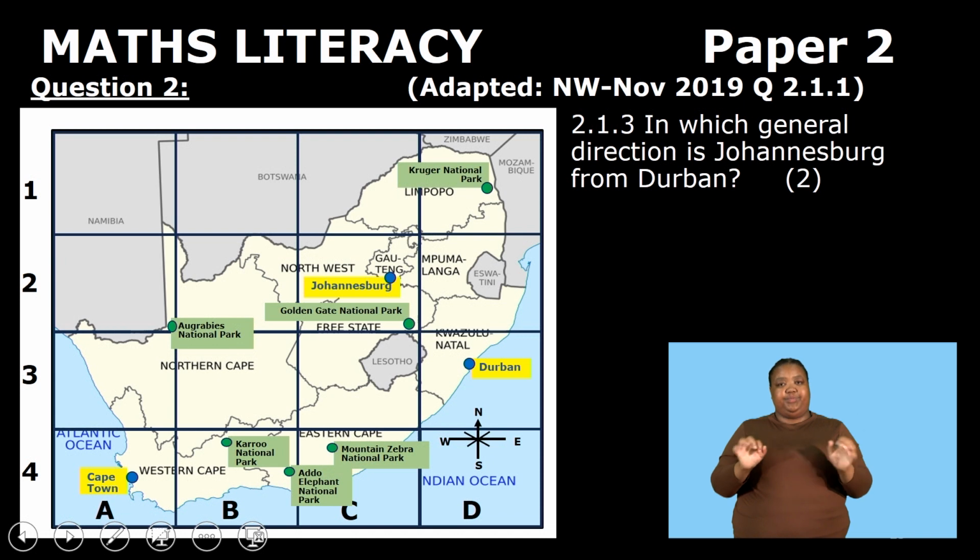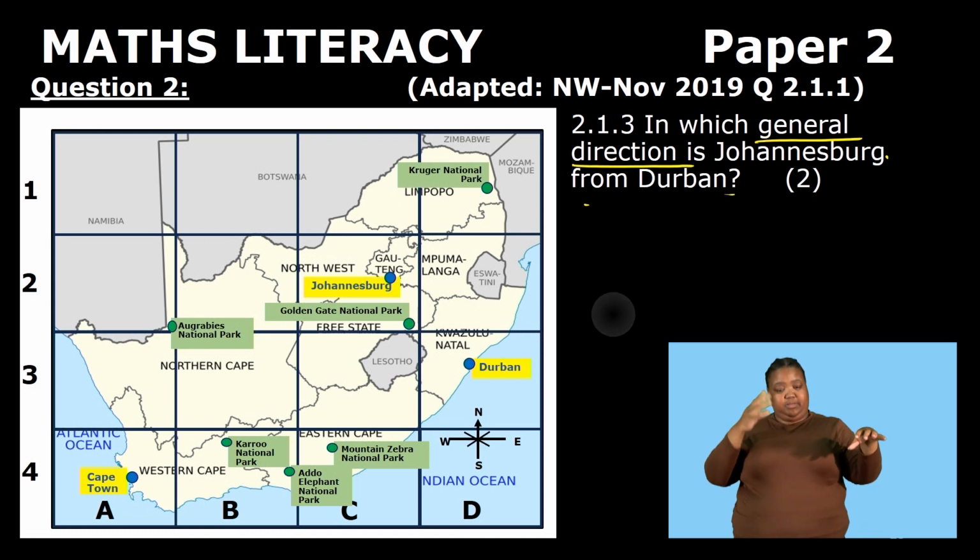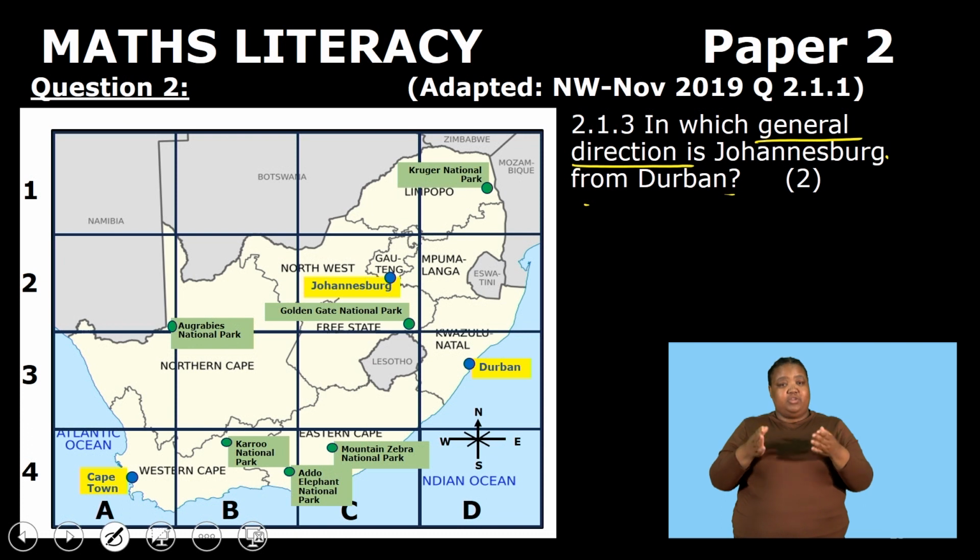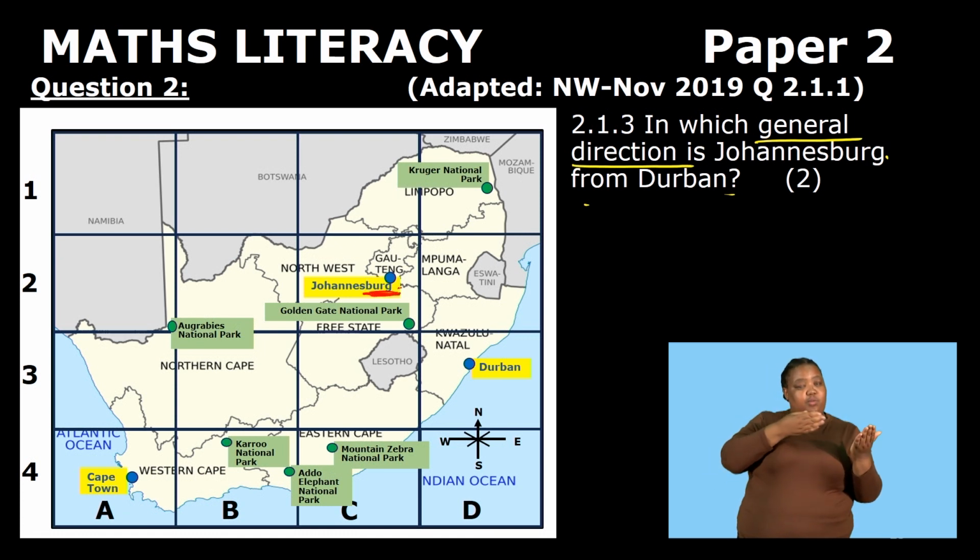Then 2.1.3, in which general direction is Johannesburg from Durban? Again, we go to our map and locate Johannesburg. Right, here is Johannesburg on our map and there we are in Durban.